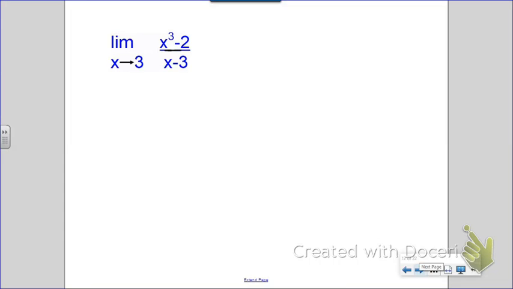Let's take a look at x cubed minus 2 divided by x minus 3 graphically.